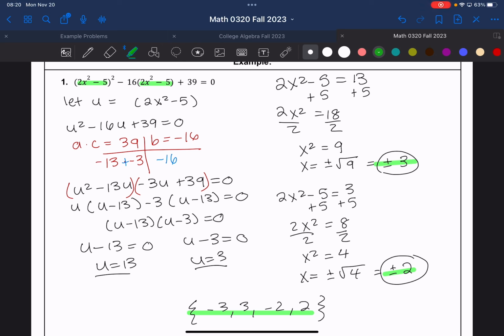What was this called? U substitution. And there's 5 questions like this on the test.